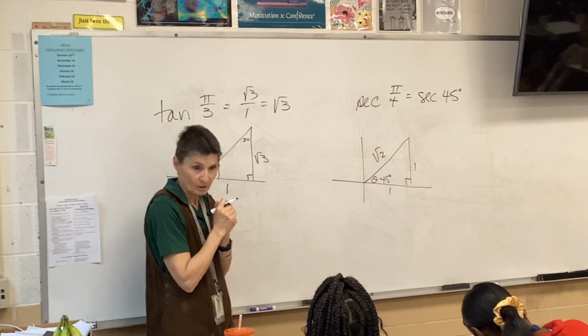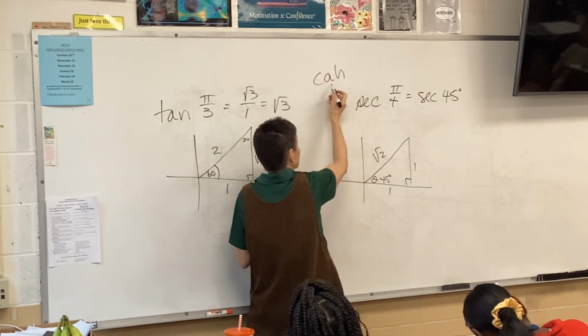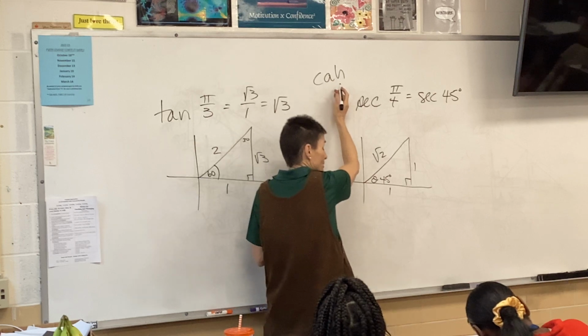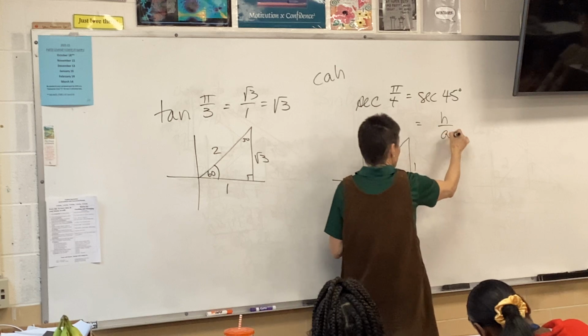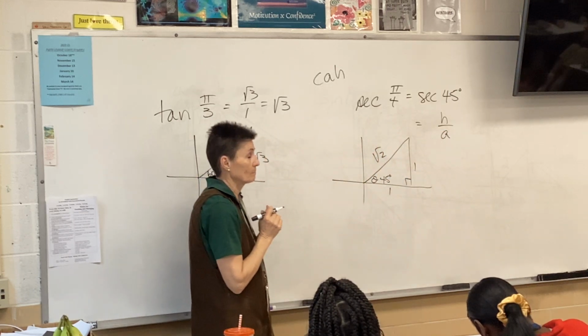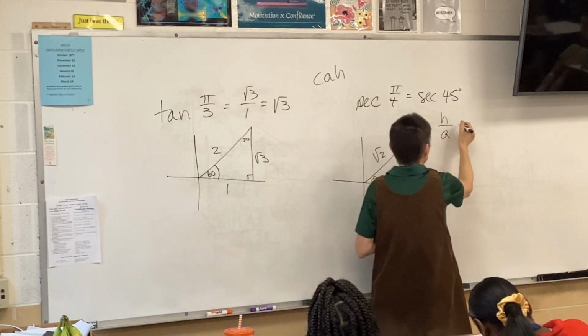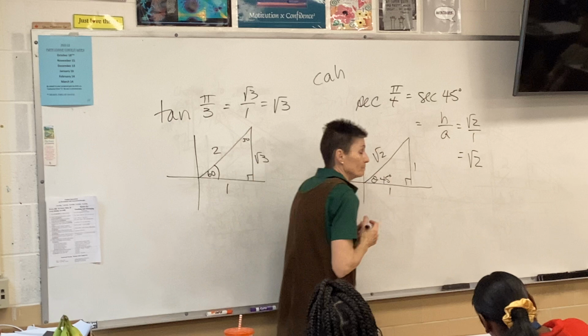Reciprocal of cosine. So cosine is adjacent over hypotenuse. So secant will be hypotenuse over adjacent. So root 2 over 1, or root 2.